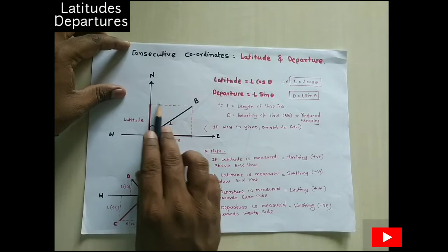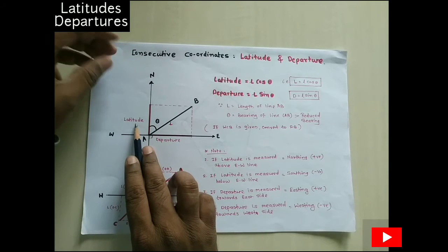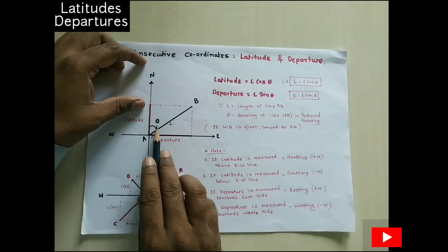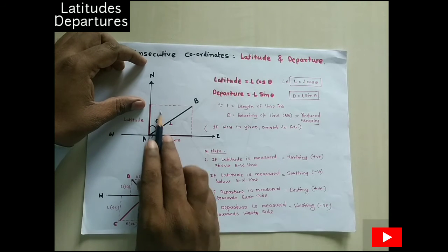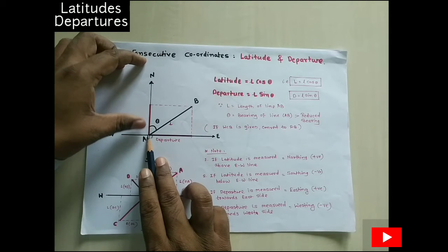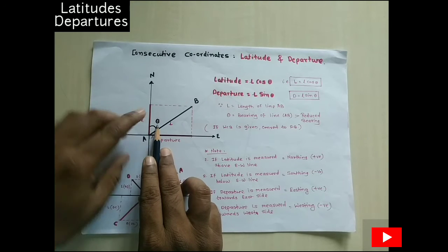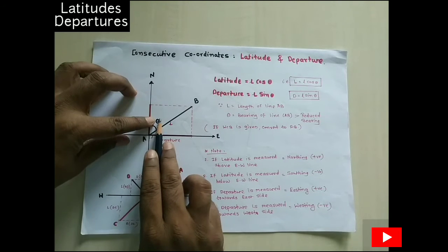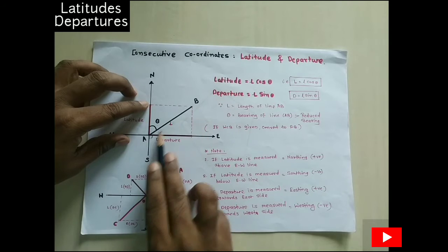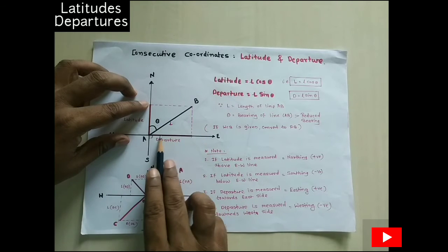Then how to determine the value of latitude or how to determine the formula? So let us see. Now this is theta, this is the departure and this is the latitude. If I say sine theta, sine theta is equal to opposite side upon hypotenuse, and the opposite side is the departure.